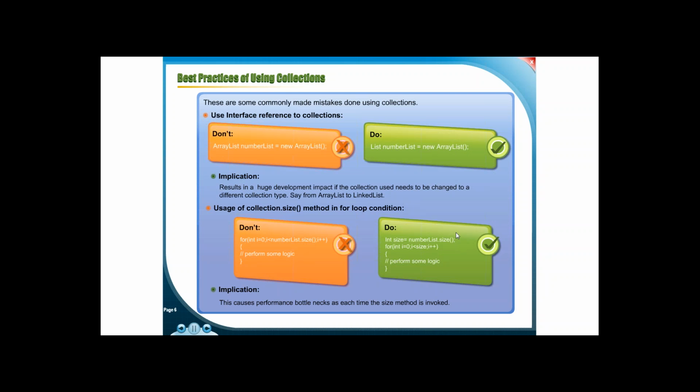Instead, first compute the size of the collection, get that size and use it. The reason is that in the first kind of declaration, for every iteration the collection's size is calculated, which is time consuming. Instead, get that size first and use that size.